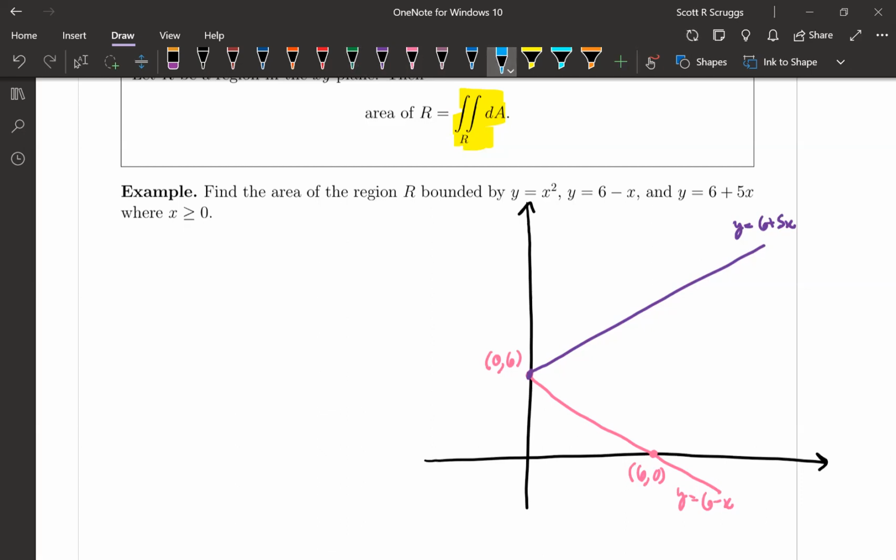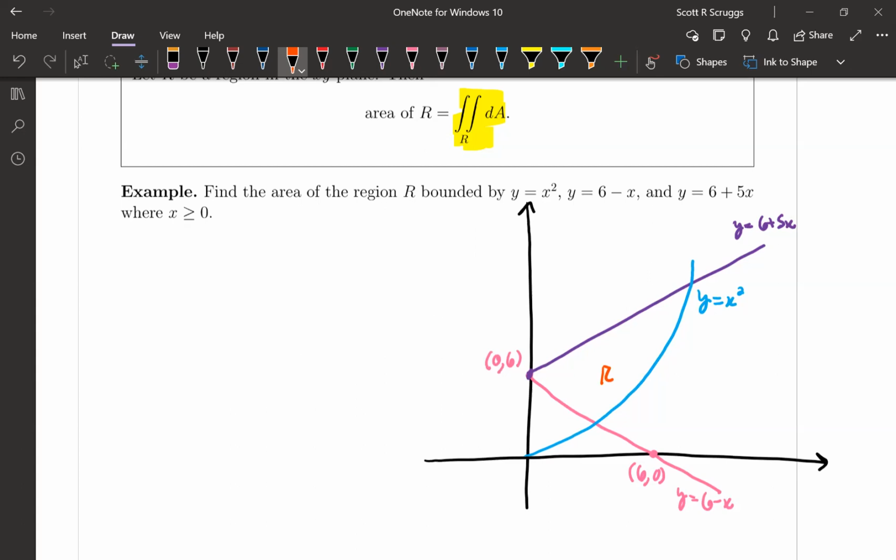And now I graph the third curve that we have, which is x squared. So I'll go ahead and graph that in teal. And so with this, my region R is here.